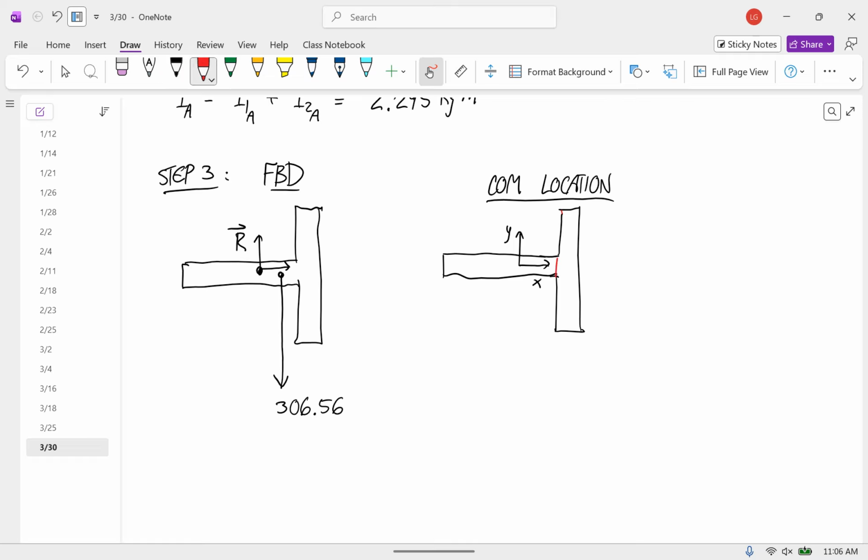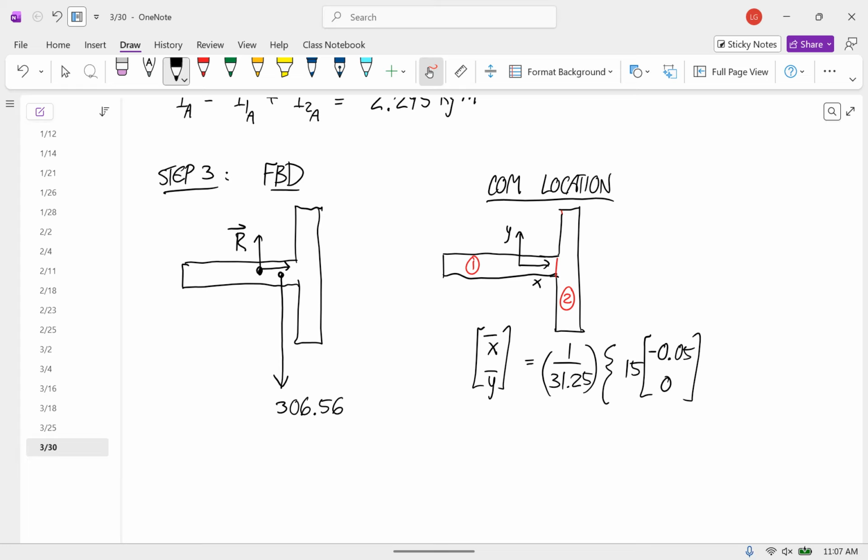And I'm going to break this up into, again, rectangle 1 and rectangle 2. And the location x bar, y bar is 1 over the total mass times the mass of rectangle 1 times the centroid of rectangle 1 in this coordinate system, which is just negative 0.050.